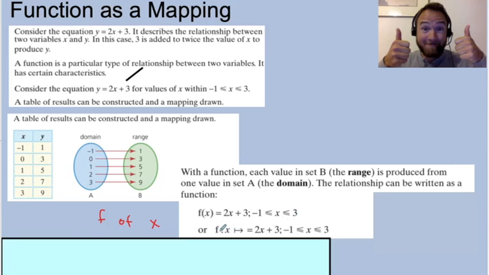Or we say f, the function of x, maps to 2x plus 3 between -1 and 3. Notice that our B value is the same as our range, which is the same as our y. So range is your y values, and domain is your x values. They just have special names when we're talking about functions.